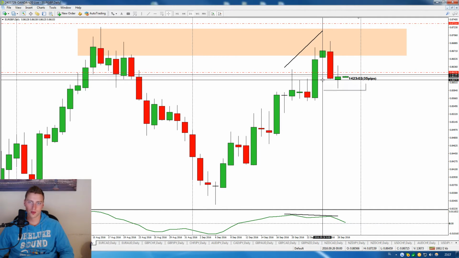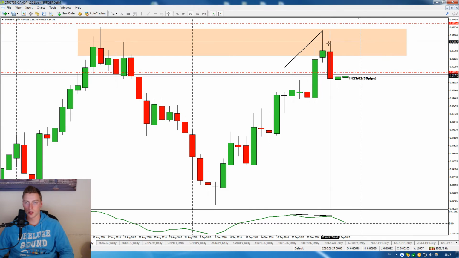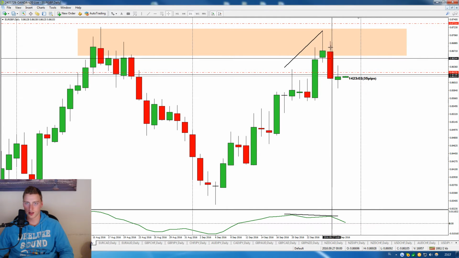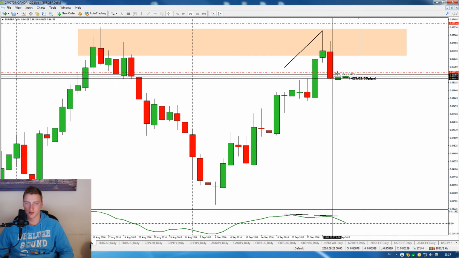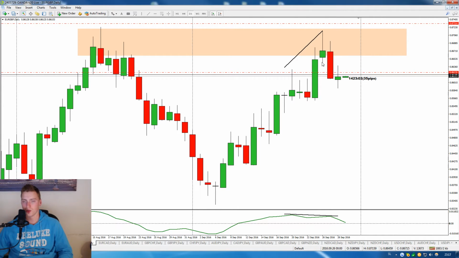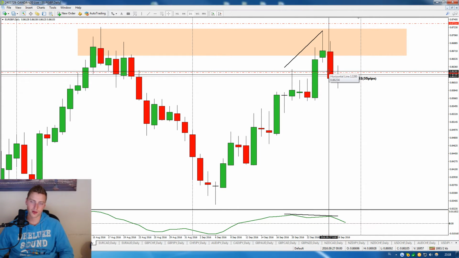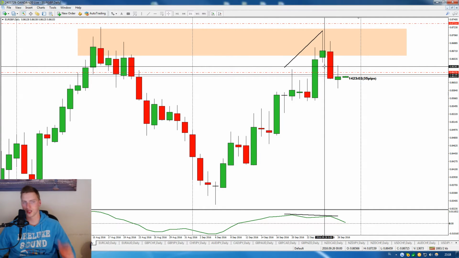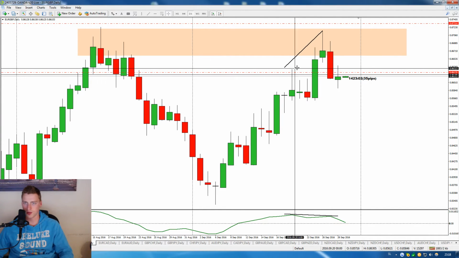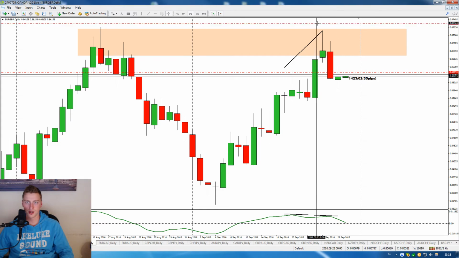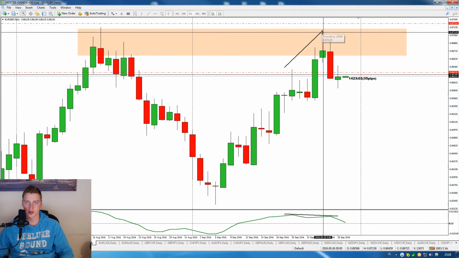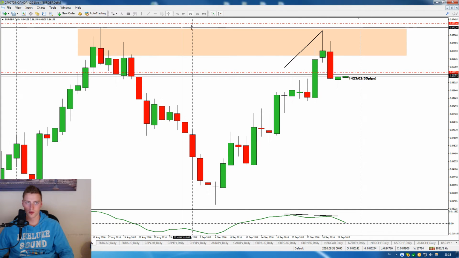So I understand that when I get this kind of a candle, there is an 85% chance that the price will trade just a little bit to the 38.2 Fibonacci retracement, or at least 23.6. I don't know if this is the right number. So stop loss above here, not just above this high, but also above this high.